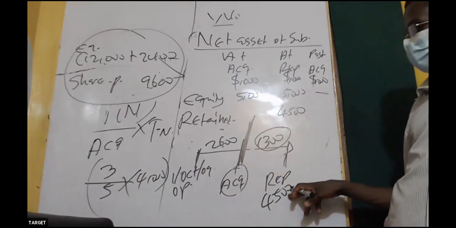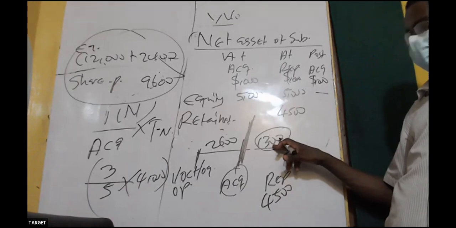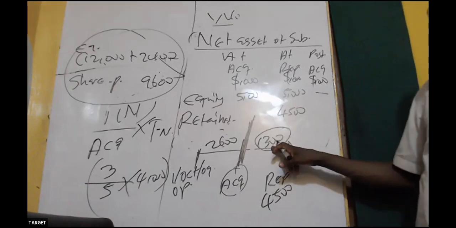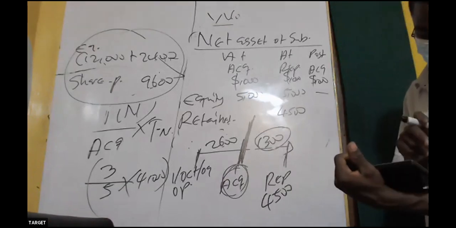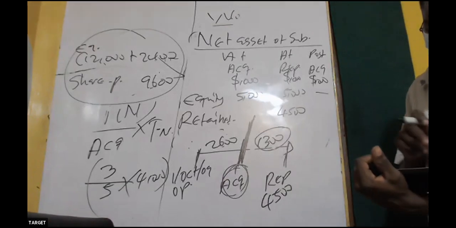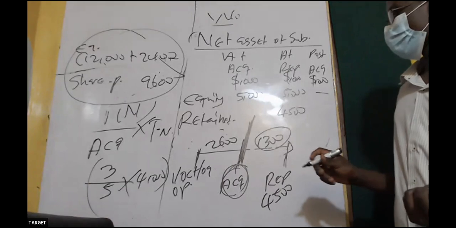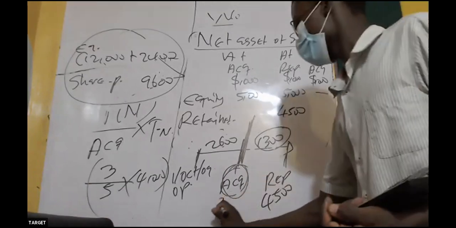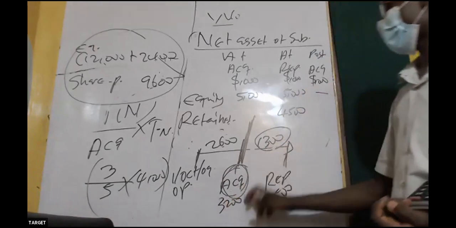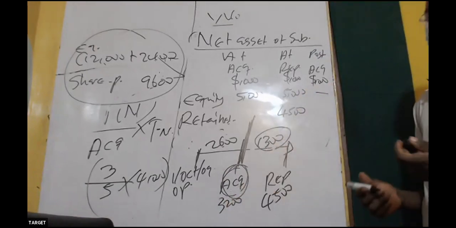So therefore, 4,500 minus 1,300 is 3,200. That's the retained earnings at acquisition, 3,200. So when I add this, I can get the 4,500 again.